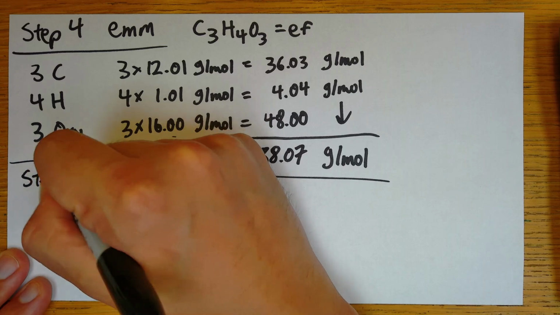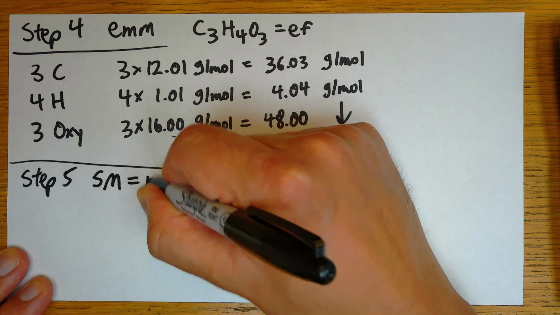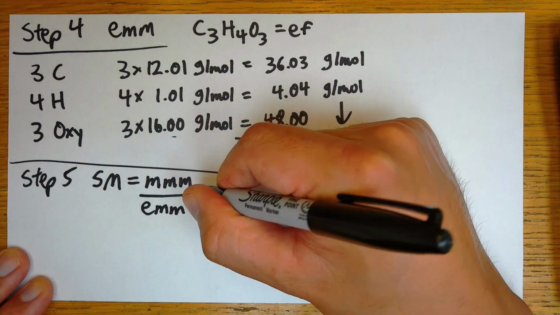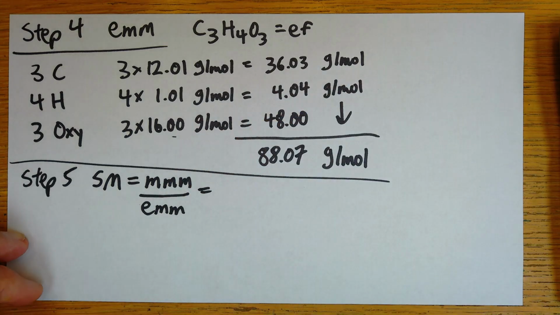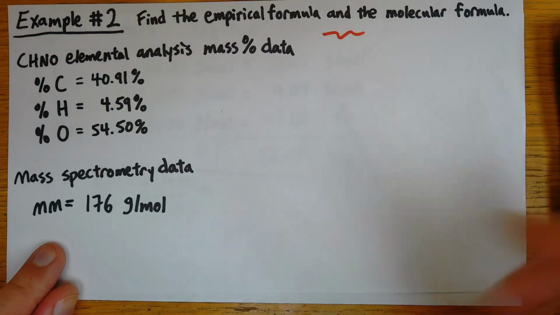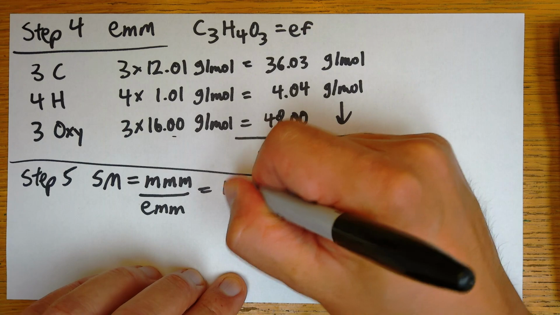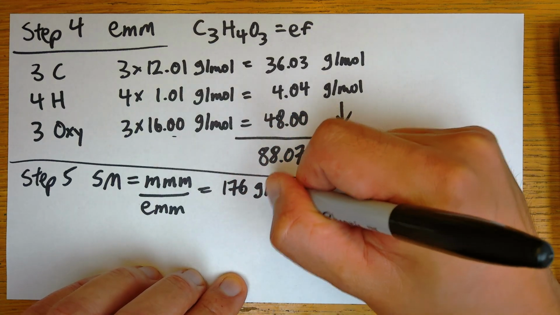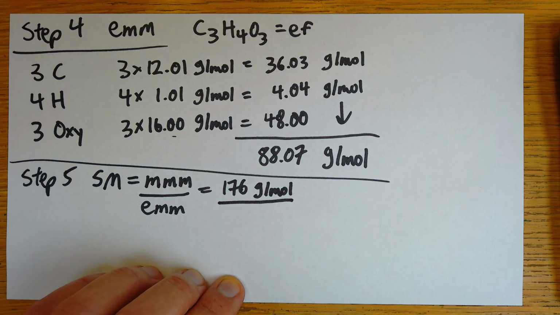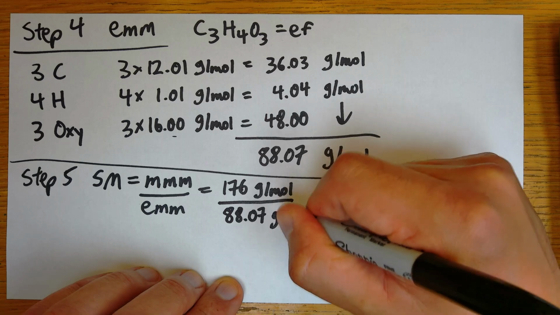All right, step 5, let's get that subscript multiplier. That's going to be our molecular molar mass divided by our empirical molar mass. So at the beginning of the problem, 176 grams per mole, and divide that by 88.07 grams per mole.